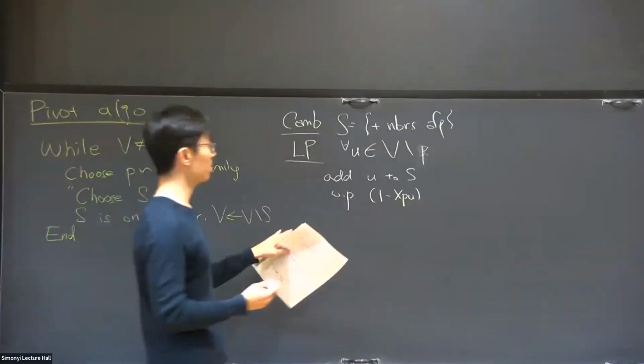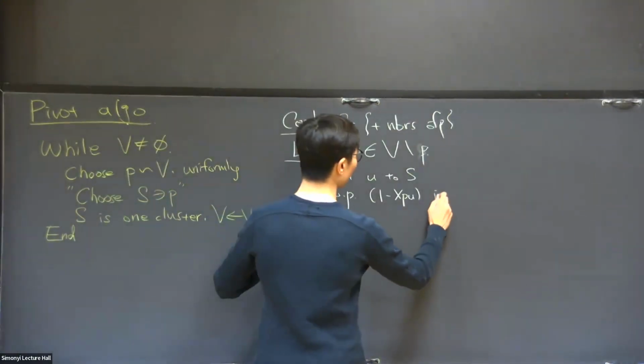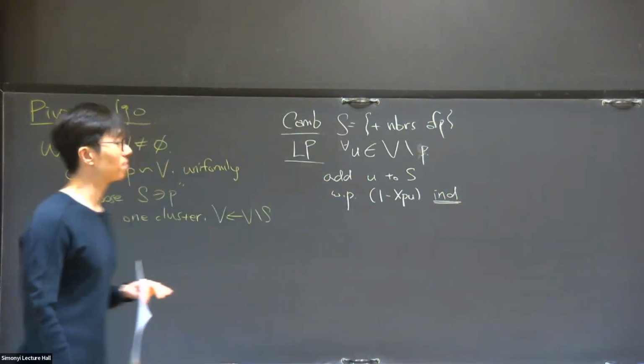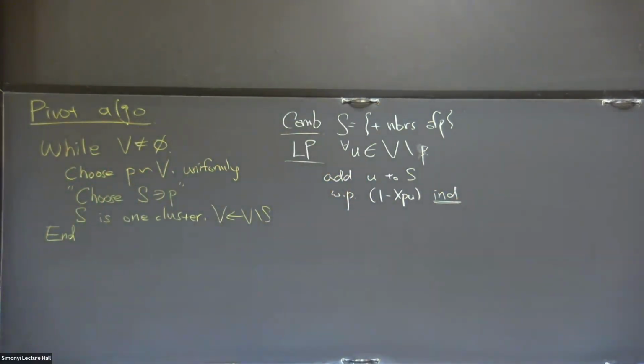And the crucial thing is, again we're being very stupid, independent. That's the whole algorithm. Again, it doesn't look at anything about the edges between the other vertices. We are only making decisions based on p and its LP values. Very reckless algorithm. Still, it does something.